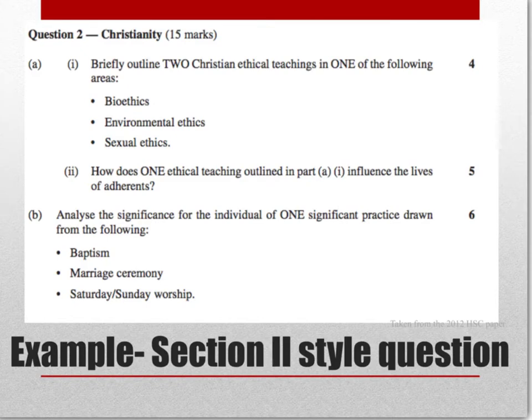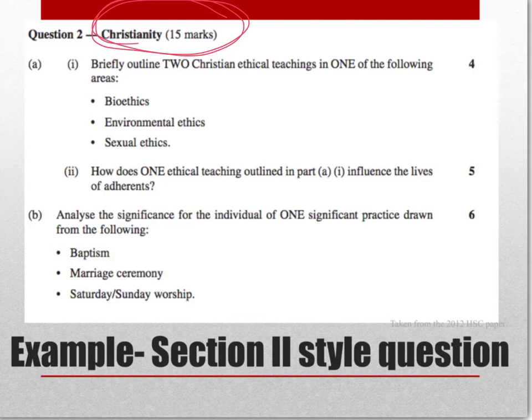Alright, so this is an example of a section 2 style question. As you can see, in section 2 you get to choose your question and therefore the particular religion that you want to focus on. This particular question is focusing on Christianity. So that's a little bit obvious. So what's left to you now is just to focus on the specific area of content that's presented within each question.